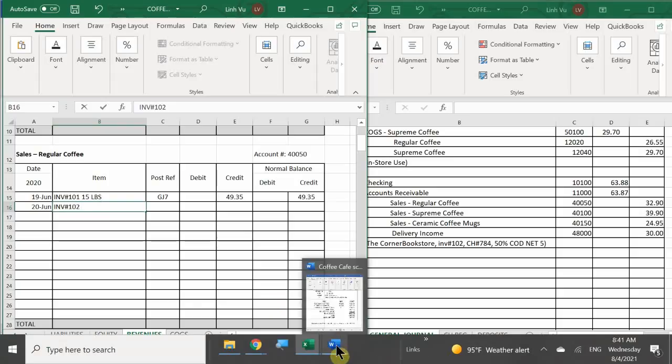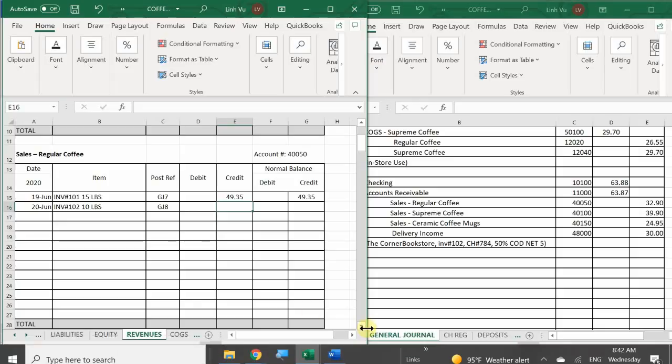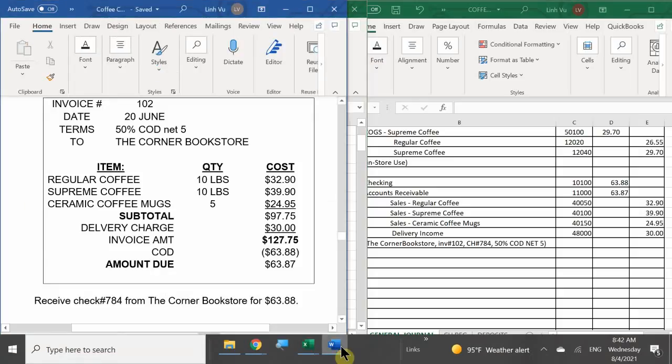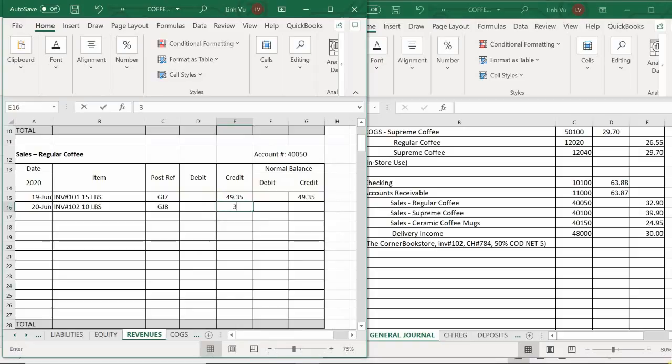We sold 10 pounds. General journal number 8, and the amount is $32.90.